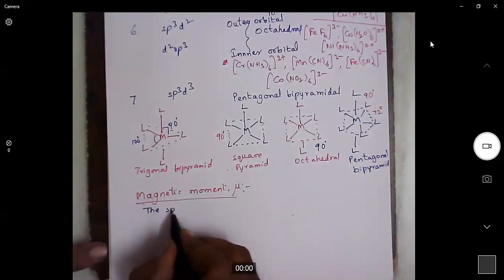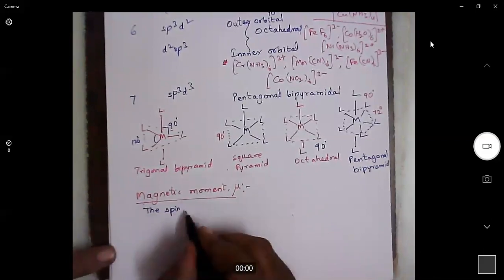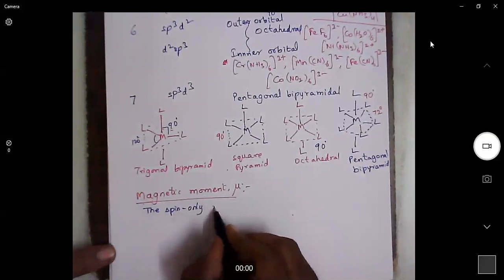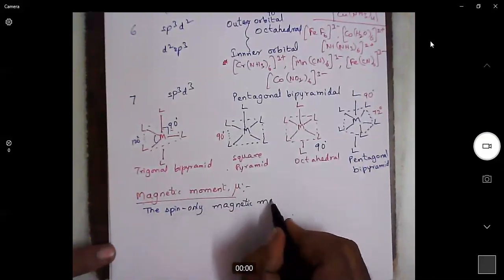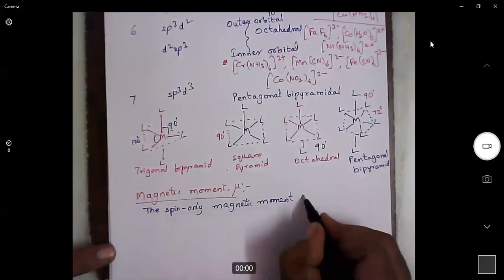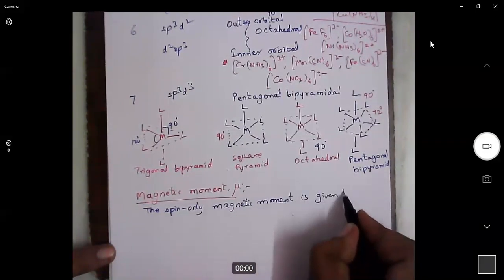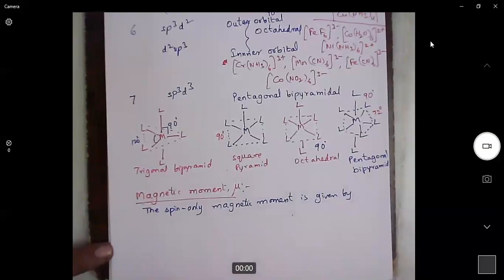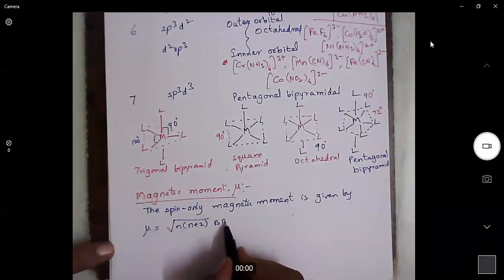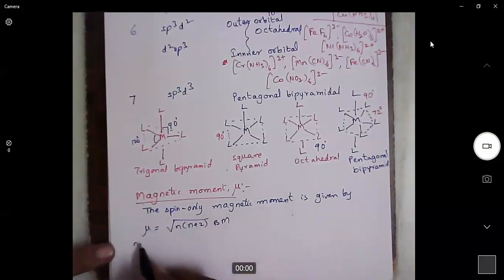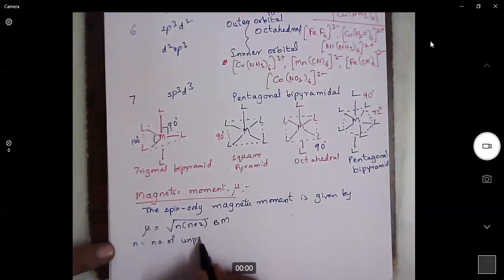The spin only magnetic moment is given by mu equal to square root of n into n plus 2 Bohr magnetons. Here n is nothing but the number of unpaired electrons.